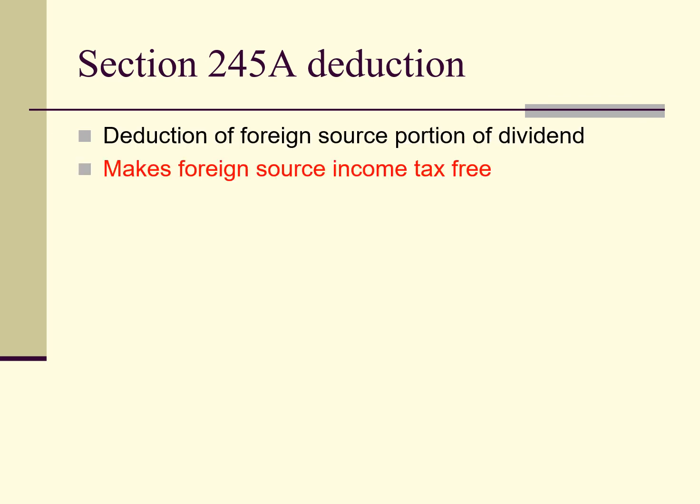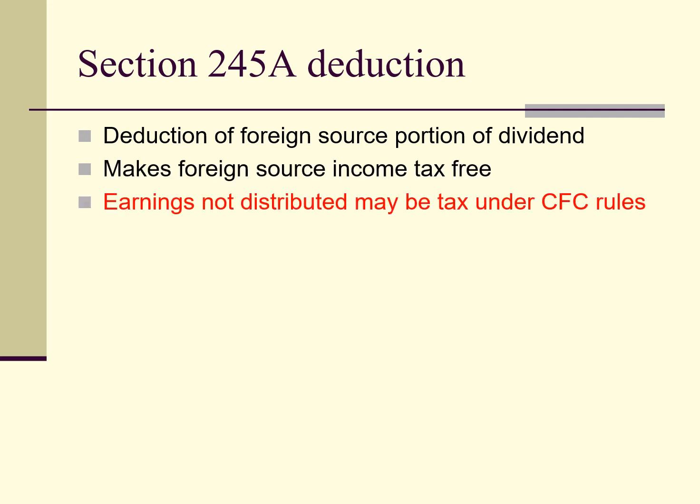The net effect is to make foreign earnings permanently tax-free in the United States as long as they are distributed as dividends to U.S. corporations that are 10% shareholders. Foreign earnings of a CFC that are not distributed remain subject to the direct taxation under the CFC rules.